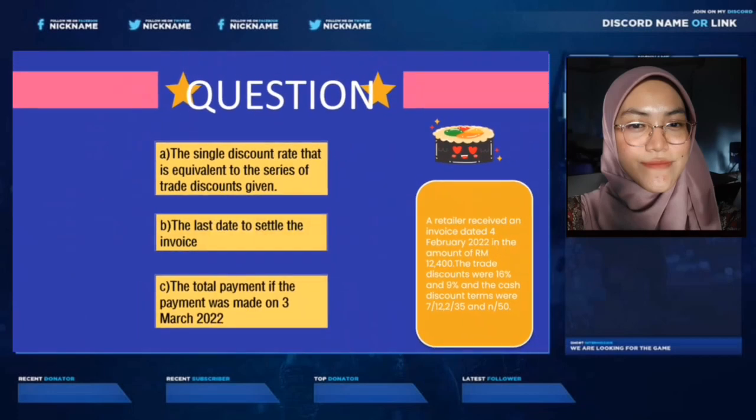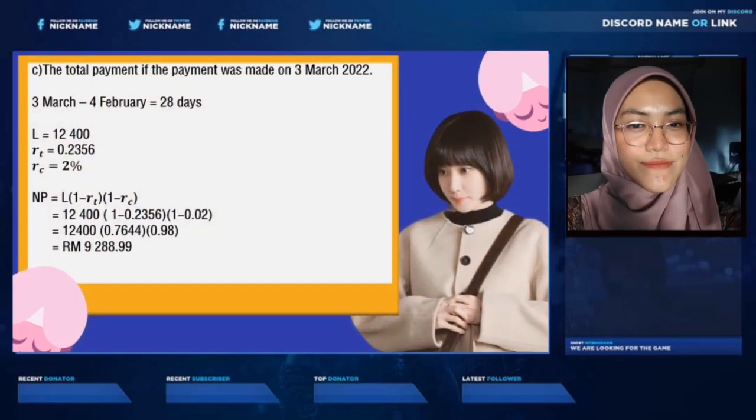Question C. The total payment if the payment was made on 3 March 2022. The term from 4 February to 3 March is 28 days. So that means the retailer will receive a 2% cash discount because the payment was made within 35 days.